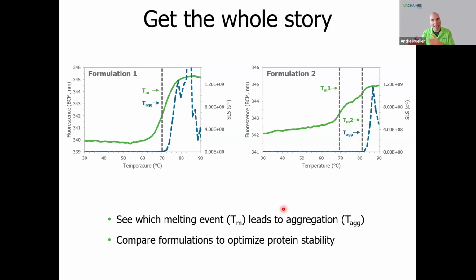Formulation 2 had some more sodium chloride in it, and we see two distinct melting events. The two domains of the protein seem to be melting at different times, or different temperatures, I should say. And only the second melting is associated with aggregation. So by knowing that full picture of melting and aggregation at the same time in formulation optimization, you know what screws to turn and how to optimize the formulation of your analyte.